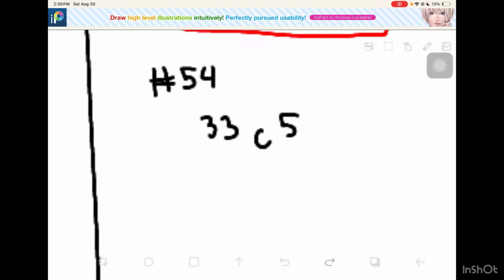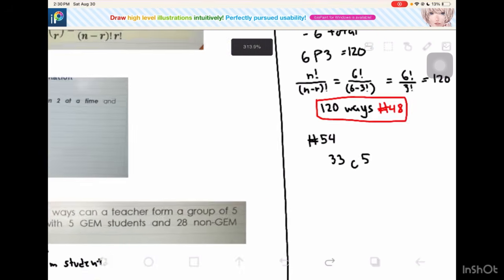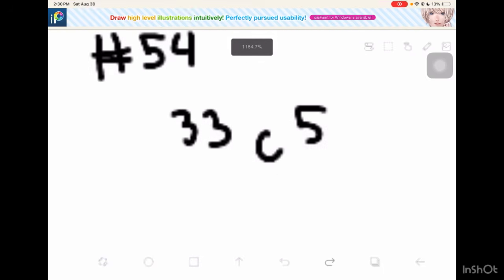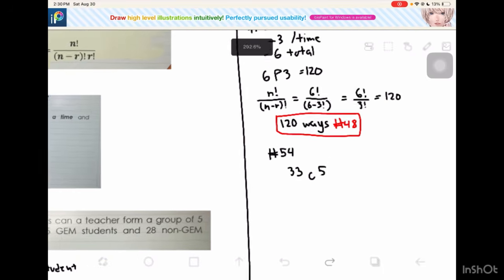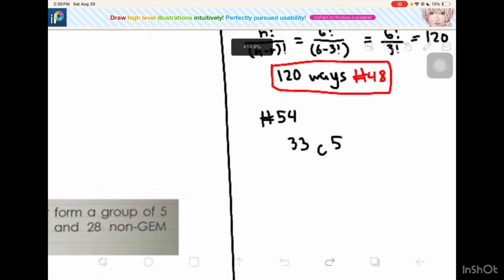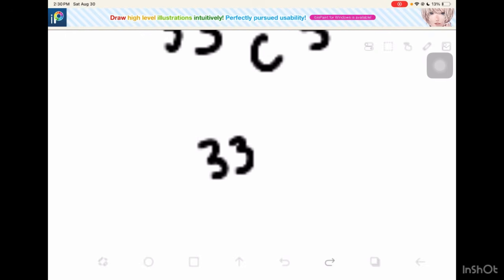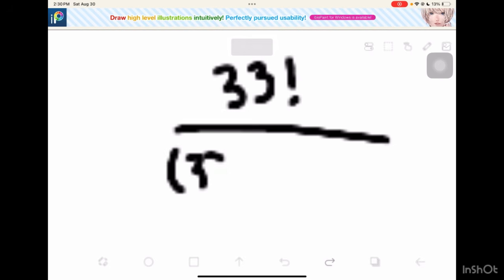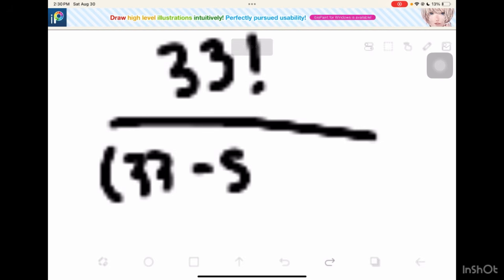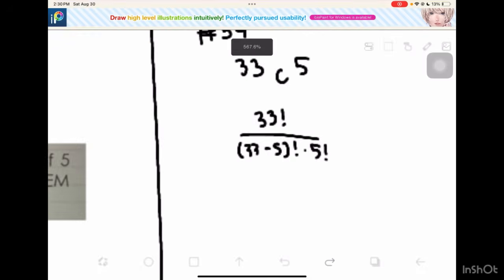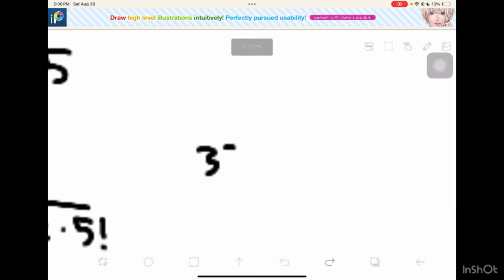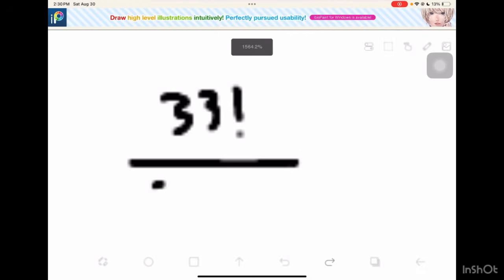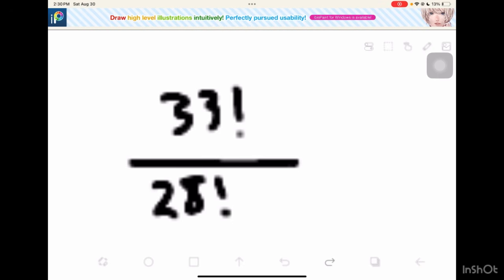Using this formula, our n is 33 and our r is 5. So we expand it by saying 33 factorial over 33 minus 5 factorial times 5 factorial, which is just 33 factorial over 28 factorial times 5 factorial.